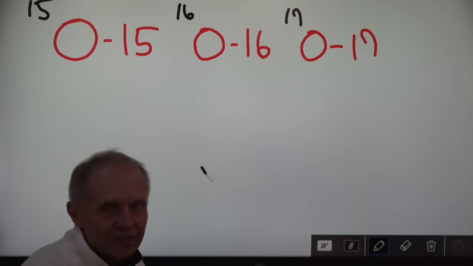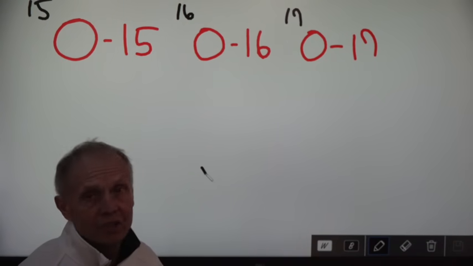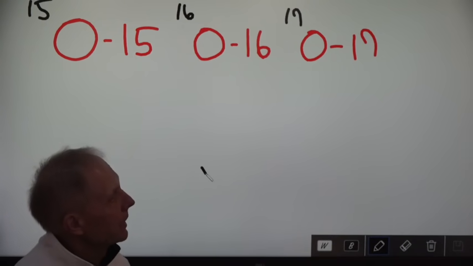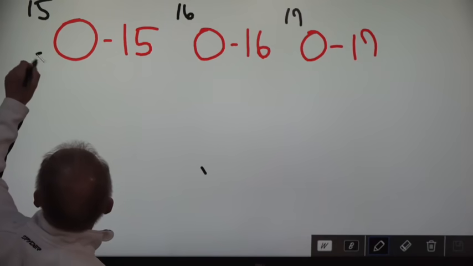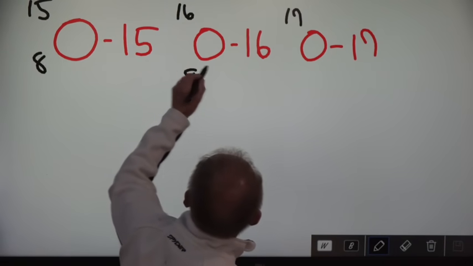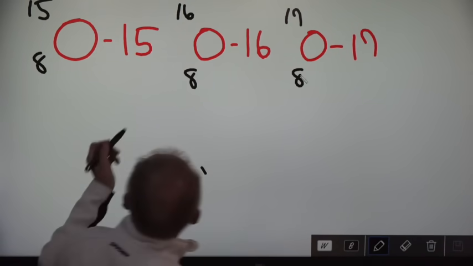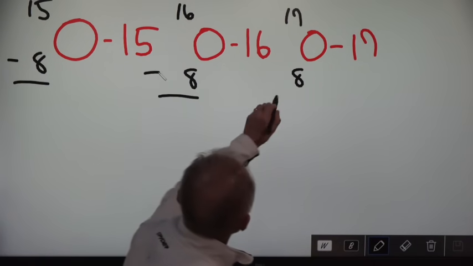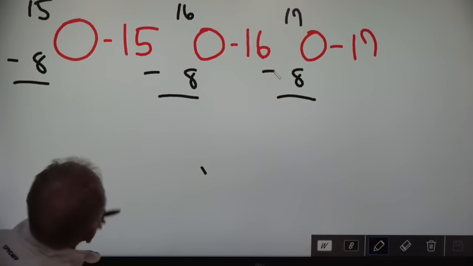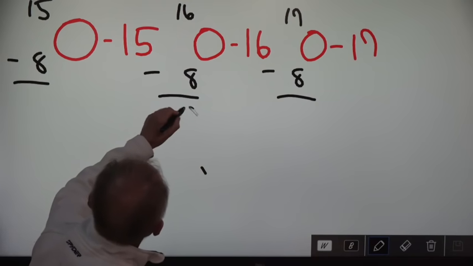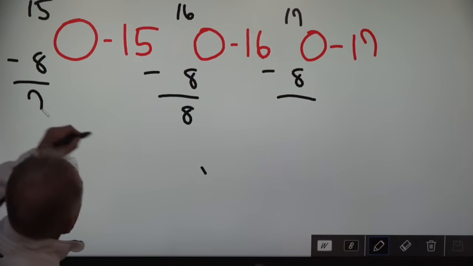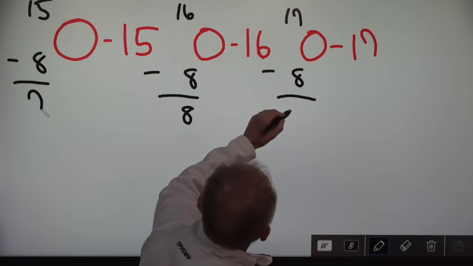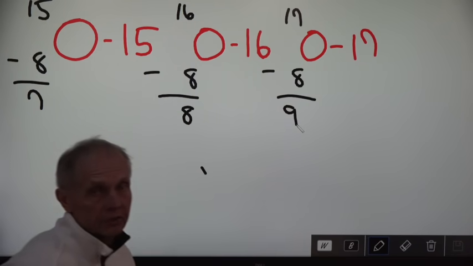And since it's oxygen, oxygen has the same number of protons, so it's 8, 8, 8, 8. And then if you want to find the number of neutrons again, subtract, subtract, subtract. So we have 7 there, 8 there, and 9 neutrons there.